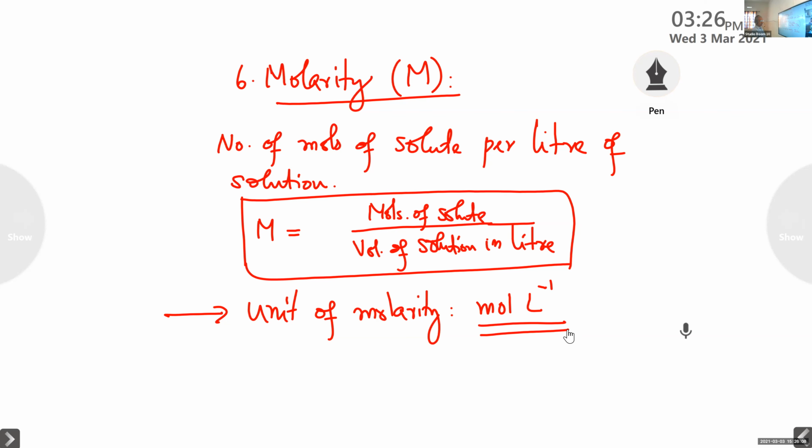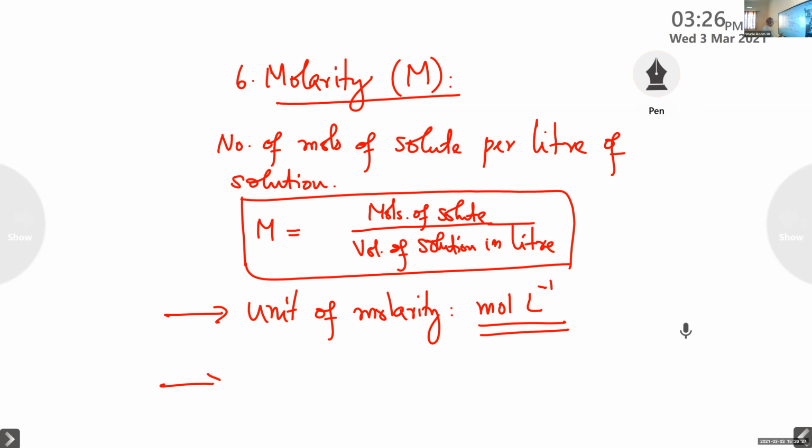That is number of moles of solute per liter of the solution. Remember, solution. Don't simply say solvent. Solution. Number of moles of solute. Definitely you say solute. Number of moles of solute per liter of the solution. So, mole per liter, that is the unit of molarity.